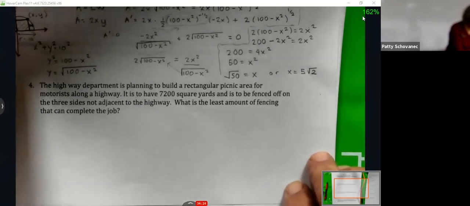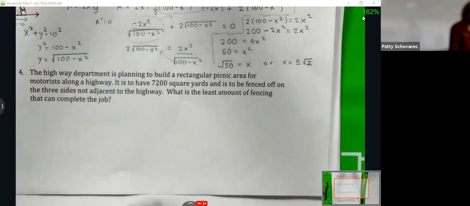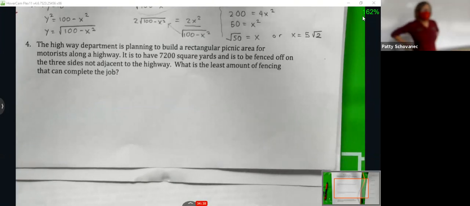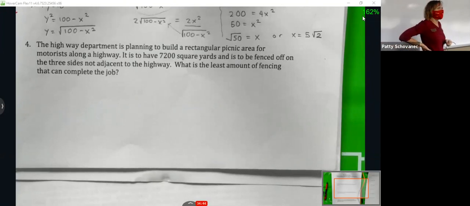The highway department is planning to build a rectangular picnic area for motorists along the highway. It's to have 7,200 square yards. What kind of entity is measured in square yards?